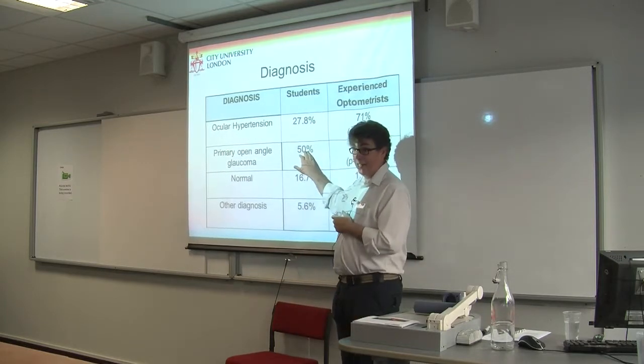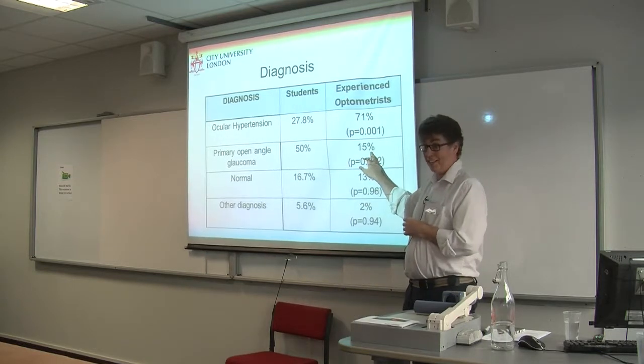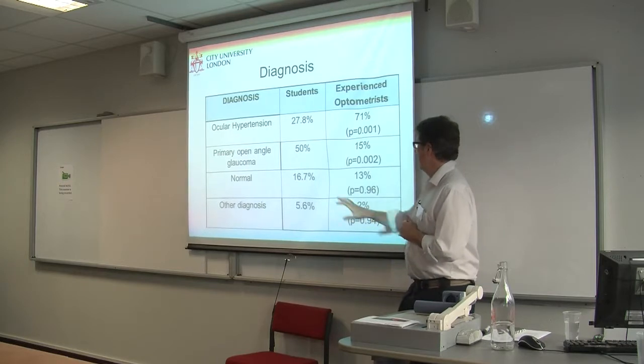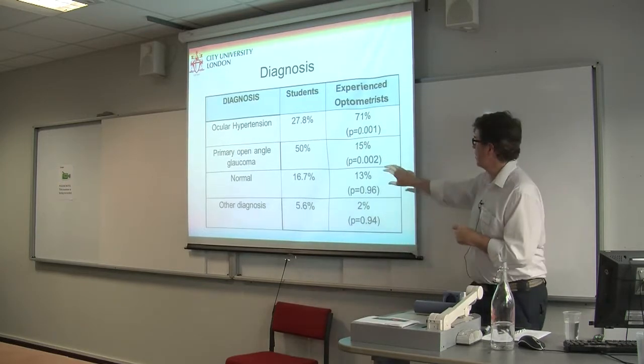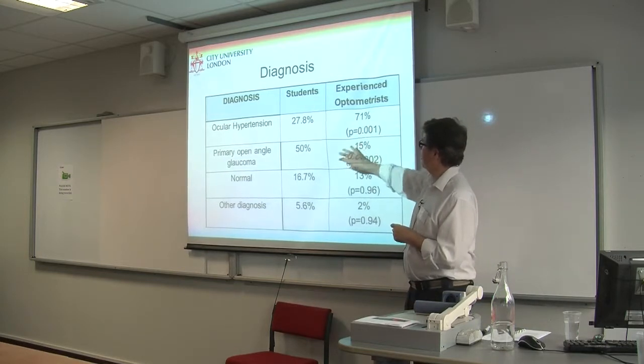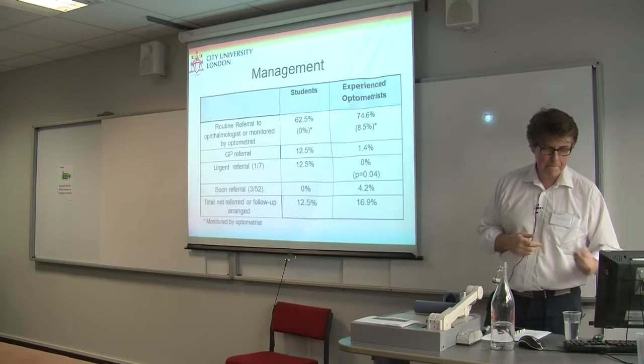Indeed, the students did. Half of them felt it was a case of glaucoma, only 15% of the experienced optometrists. And then the percentage of normals was roughly equivalent, but you can see high levels of statistical significance between the groups in terms of their diagnostic ability.